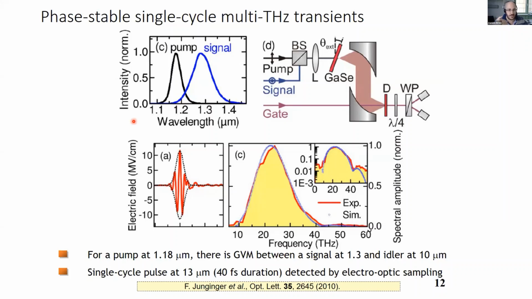It has absorption from the near infrared above. And in this condition, with pump at 1.2 and signal at 1.3, we are exactly in the situation in which the idler is going to be generated at 13 micron, and the group velocity at 13 micron in gallium selenide matches the group velocity of the signal at 1.3 micron. So we are going to have this broadband phase matching that allows the generation of single cycle pulses.